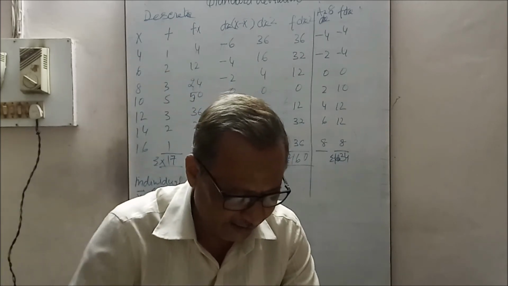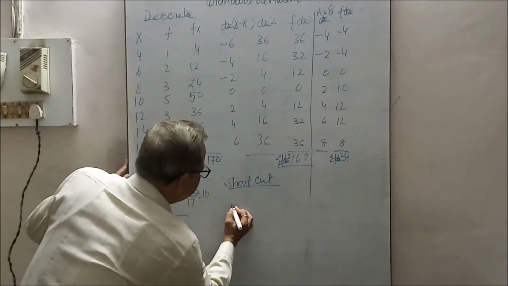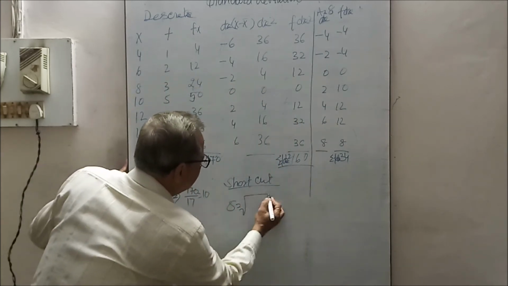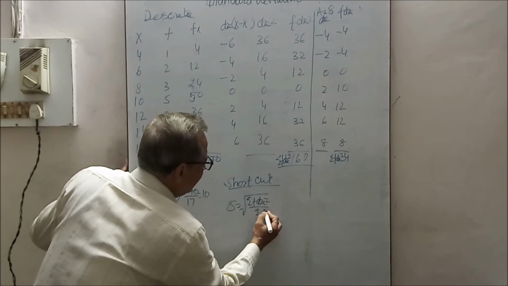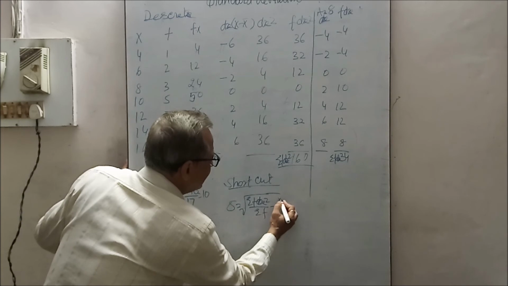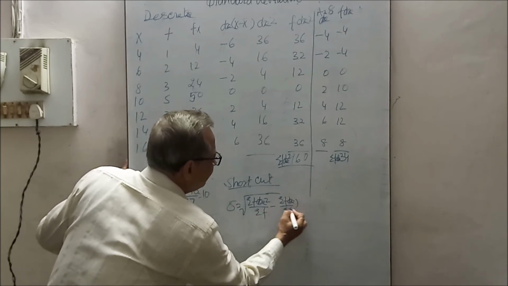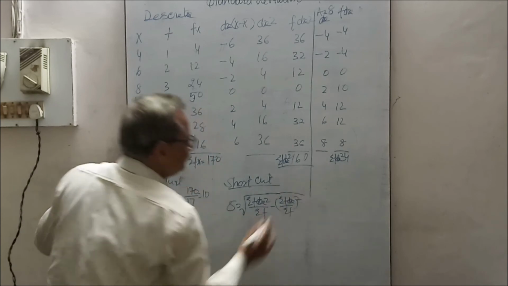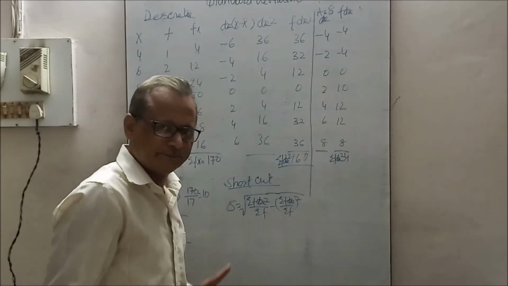The formula used in the shortcut method is standard deviation equal to under root summation f dx square upon summation f minus summation f dx upon summation f whole square.